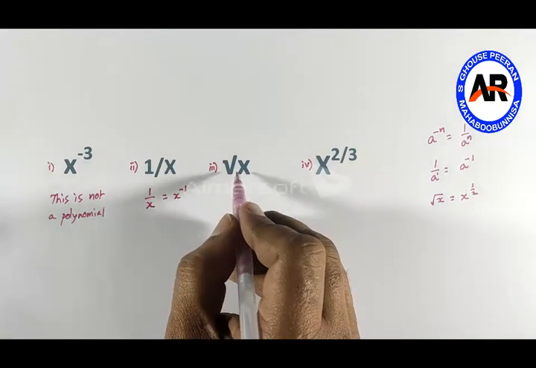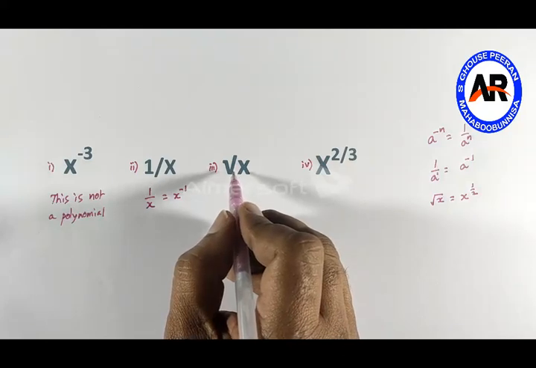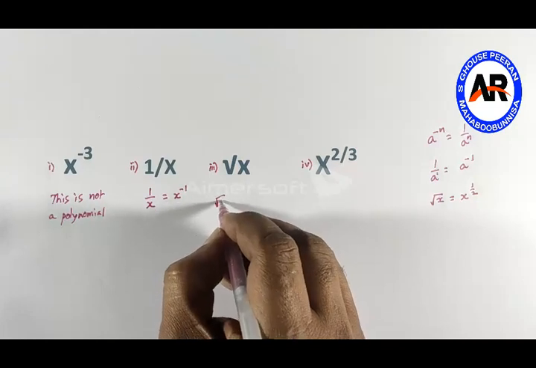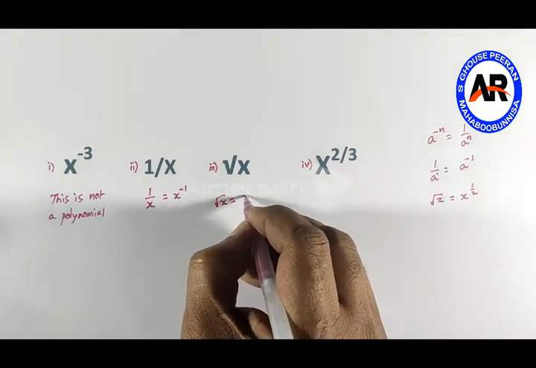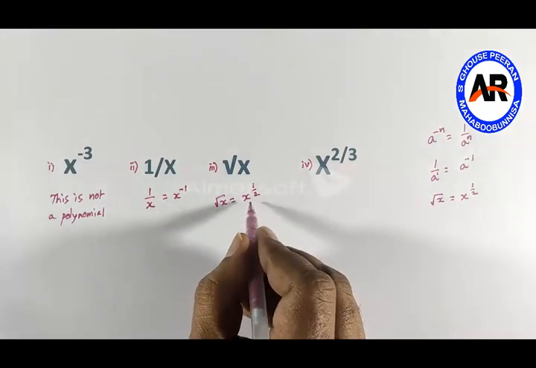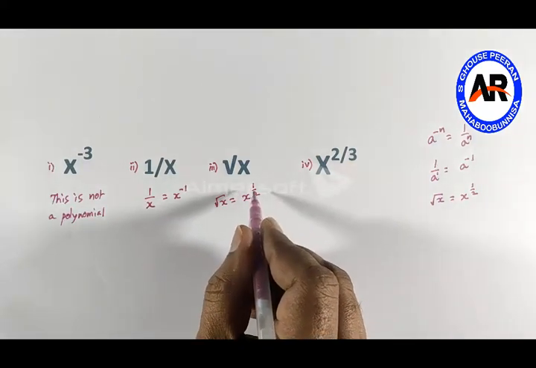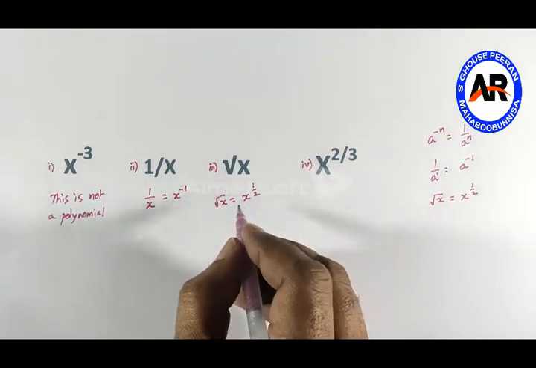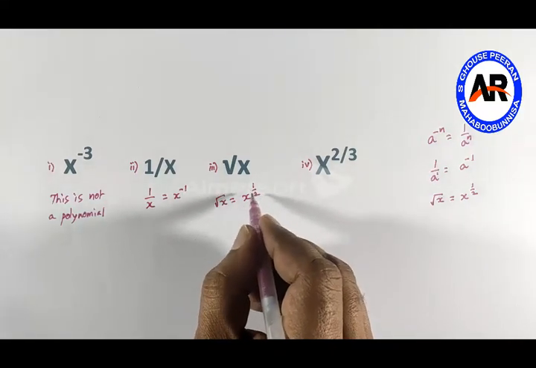Third one, root x. Root x is also not a polynomial because root x can be written as x power 1 by 2. The exponent of the variable x is a rational number.